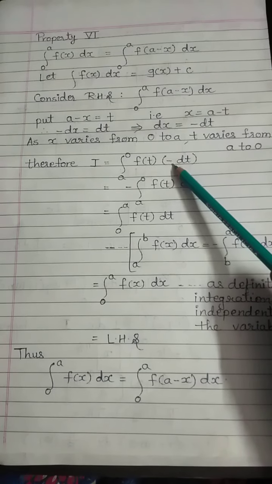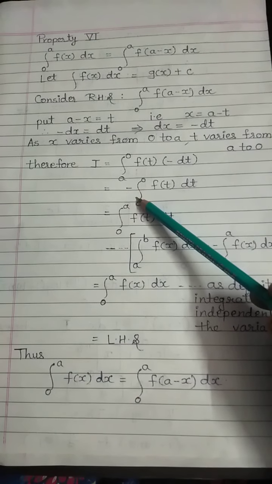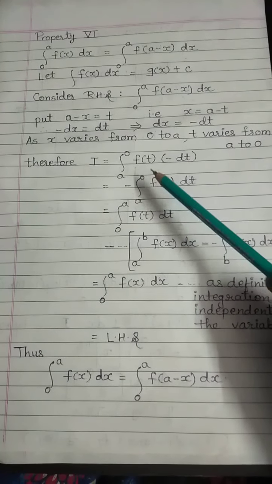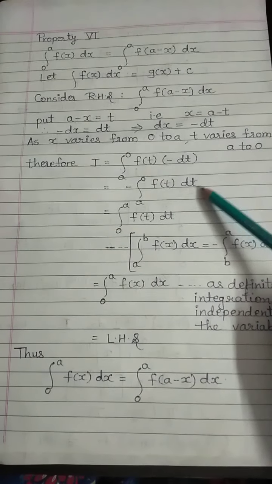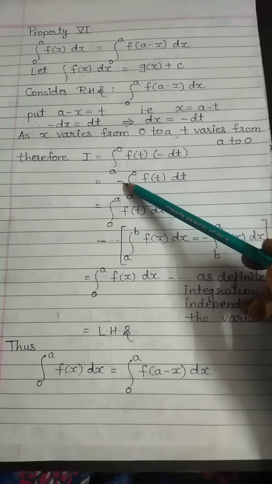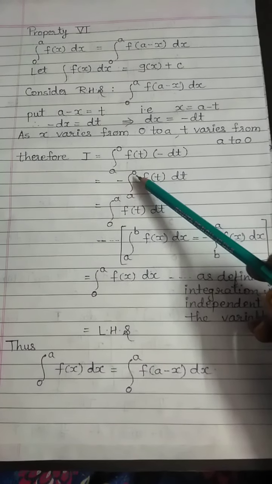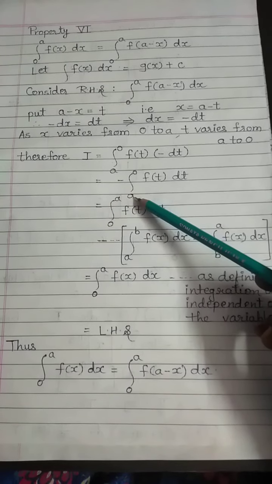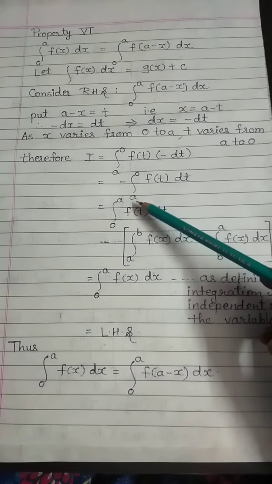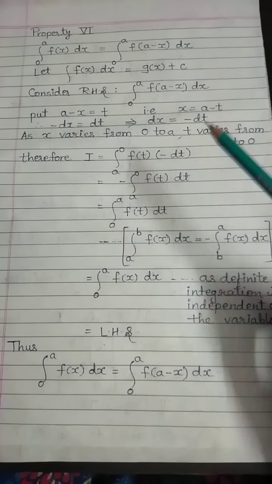Now this minus sign we can write before integration. So here we will get minus integration a to 0 f of t dt. Now if we don't want this minus sign, then we will write these limits by interchanging. That means we will write 0 as the lower limit and a as the upper limit.